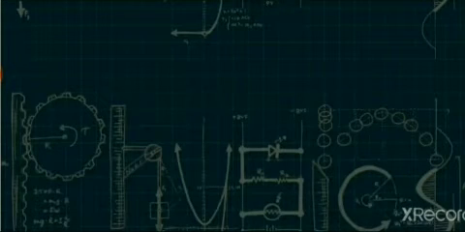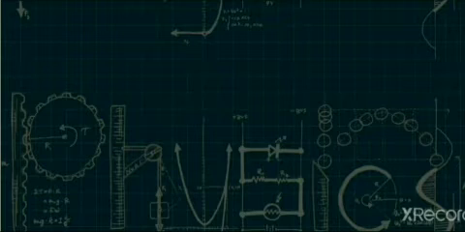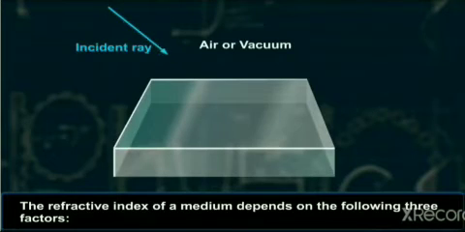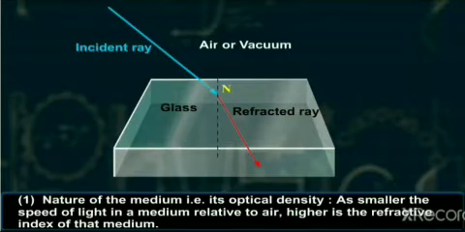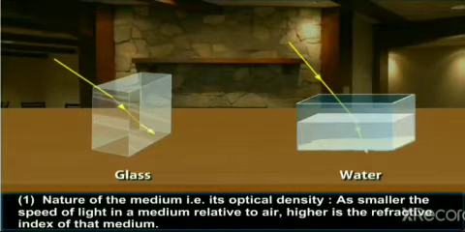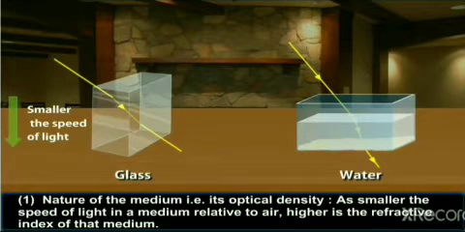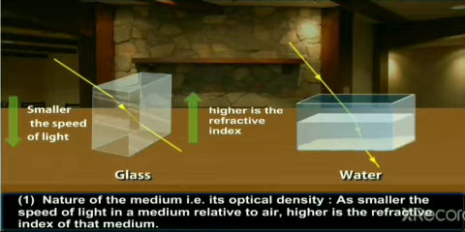Factors affecting the refractive index of a medium. The refractive index of a medium depends on the following 3 factors. 1. Nature of the medium, that is its optical density. The smaller the speed of light in a medium relative to air, the higher is the refractive index of that medium.